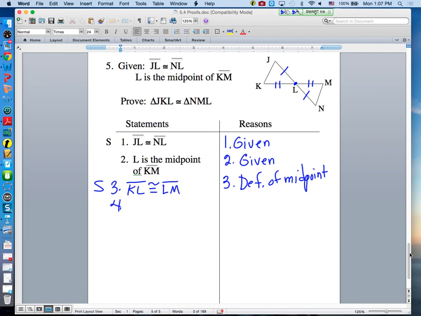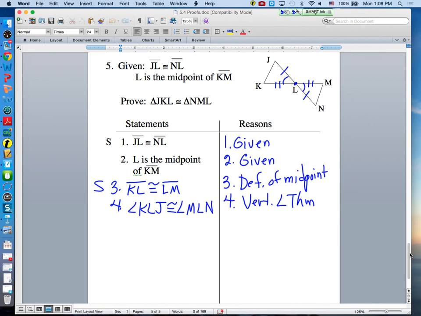Last time I caught my mistake by putting the A's and S's up off to the left. Okay, what else can we come up with? Vertical angle theorem. Angle KLJ and angle LMN could work.